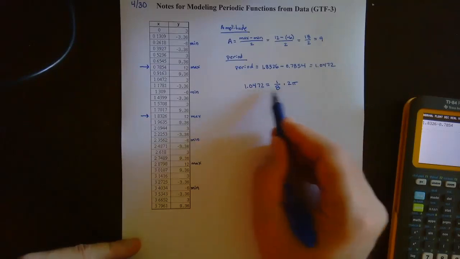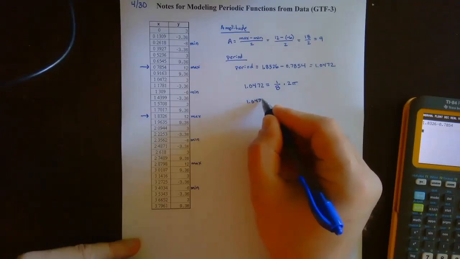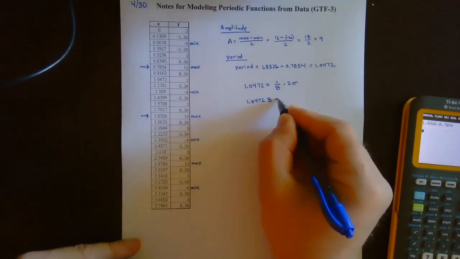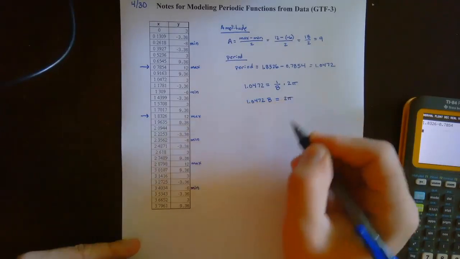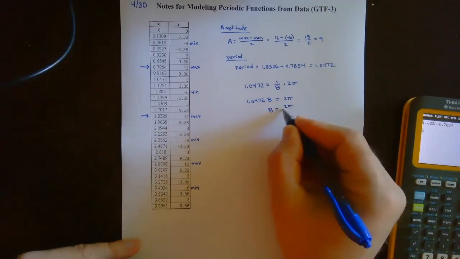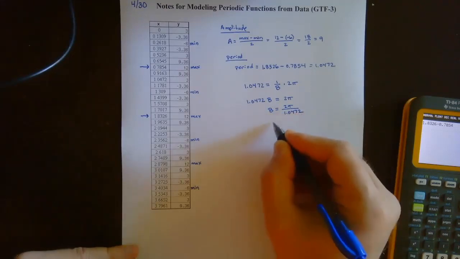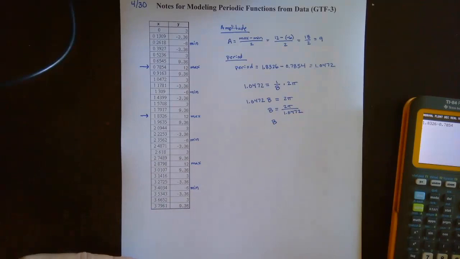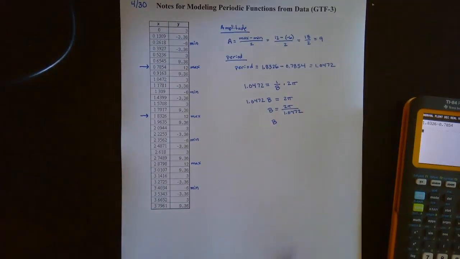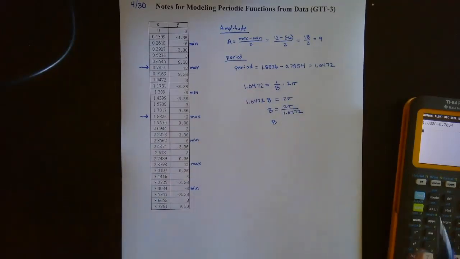What I'm going to do is multiply both sides by b, and that would give me 1.0472 times b must equal 2 pi, or b is equal to 2 pi divided by 1.0472. So that's going to get us the b value for our function. The 1 over b tells you that it's a horizontal stretch or a horizontal compression.